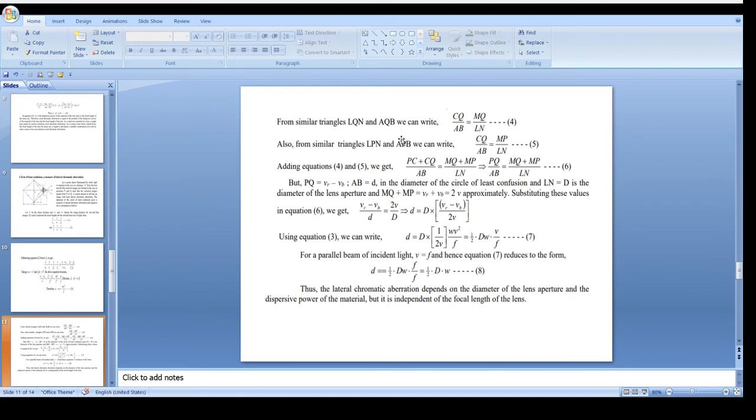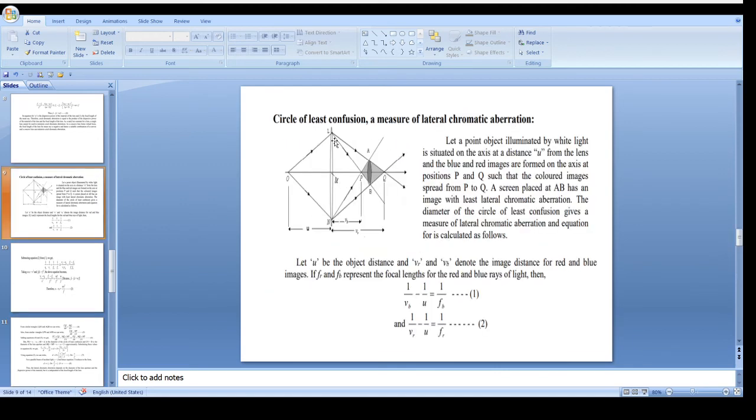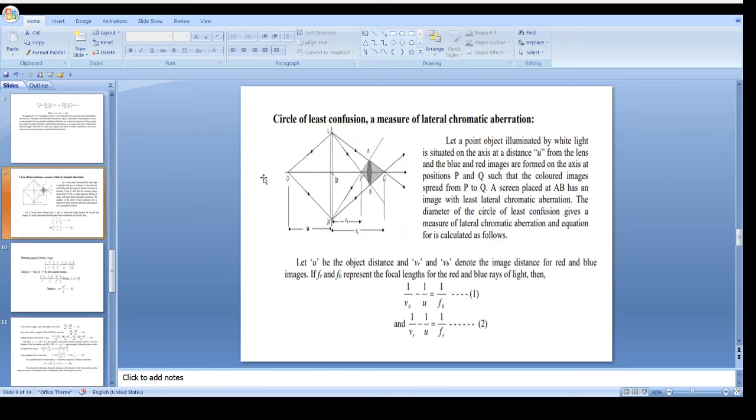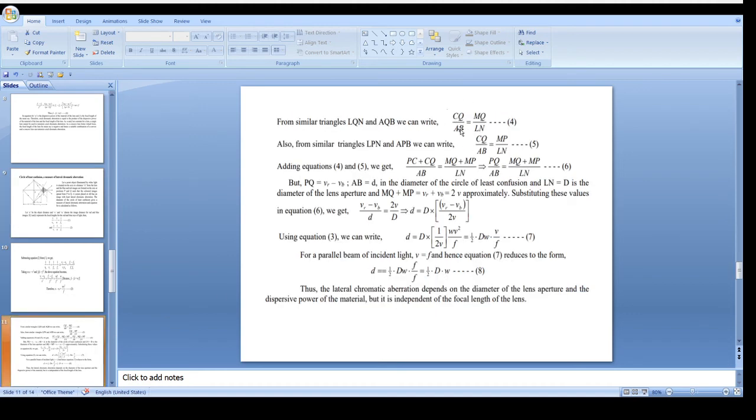Here, similar triangles LQN and AQB. Both the triangles are similar, so we write CQ divided by AB equals MQ divided by LN.